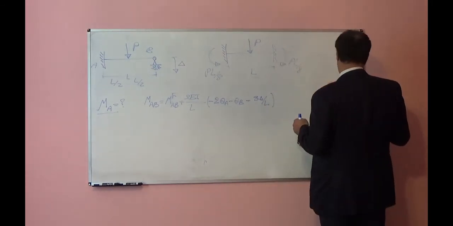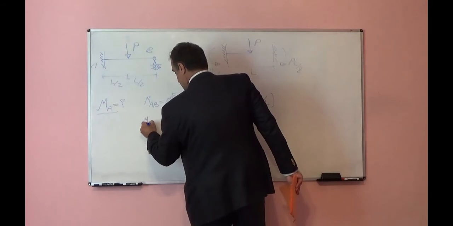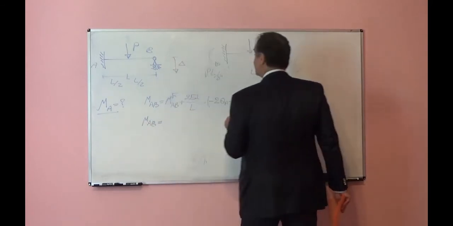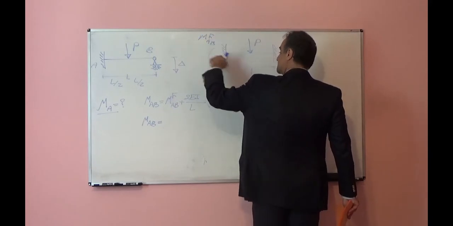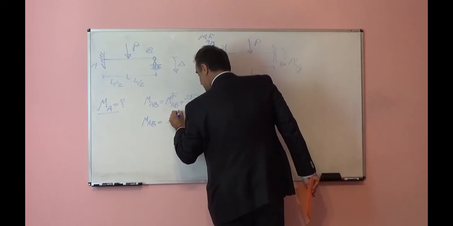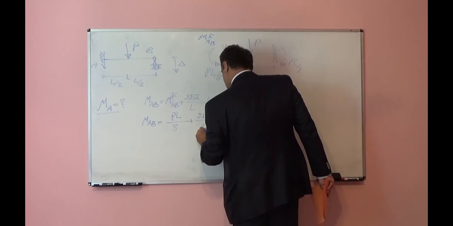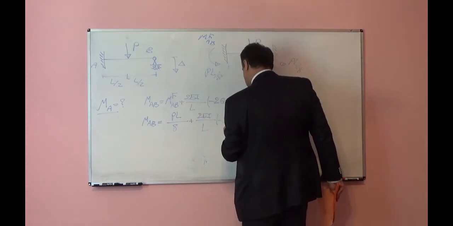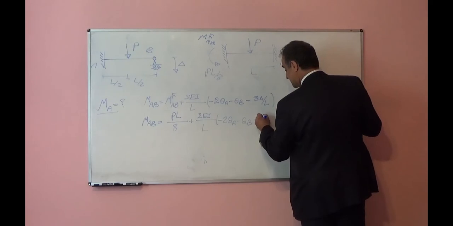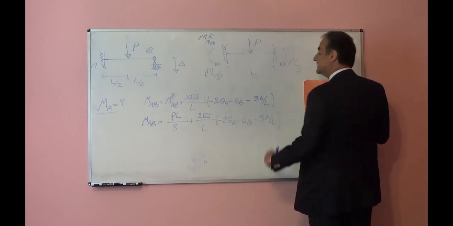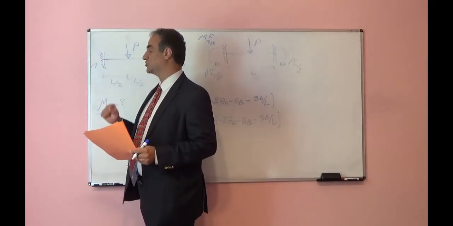So this is MAB. Let me substitute: MAB will be equal to M fixed AB, the reaction is counterclockwise, so positive PL over 8, plus 2EI over L times 2 theta A minus theta B, minus 3 delta over L. Theta A, the rotation at support A, because it is a fixed support, is 0.